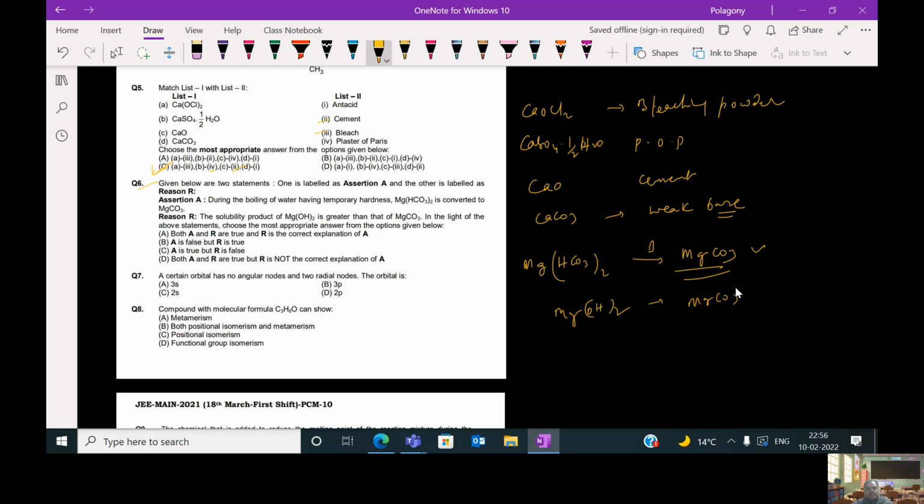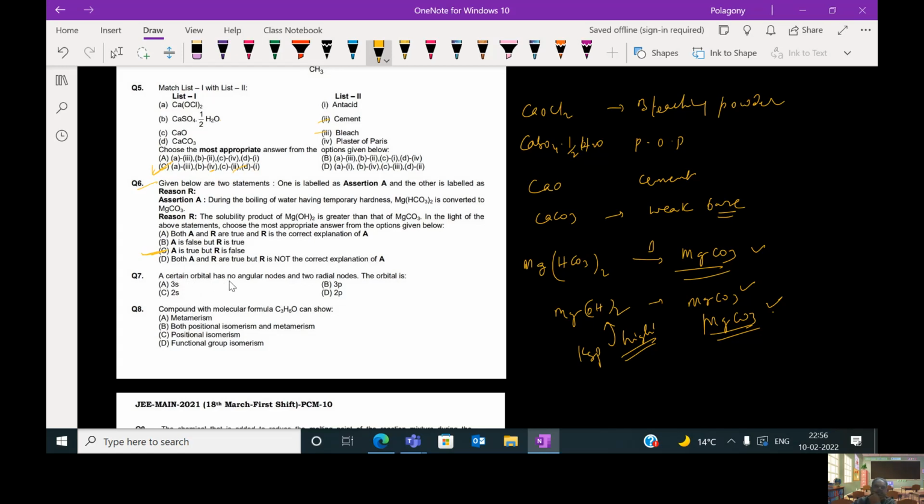Actually, magnesium carbonate is more soluble than magnesium hydroxide, so the Ksp of MgCO3 is very high compared to Mg(OH)2. So the reason is not true. That means C is the correct option.